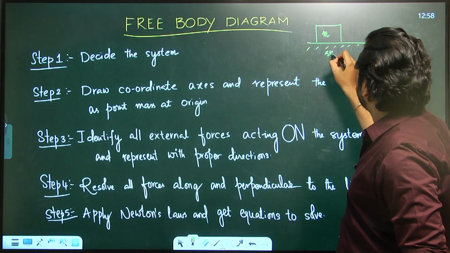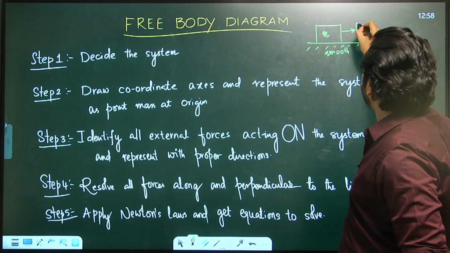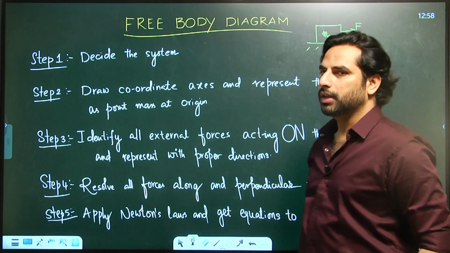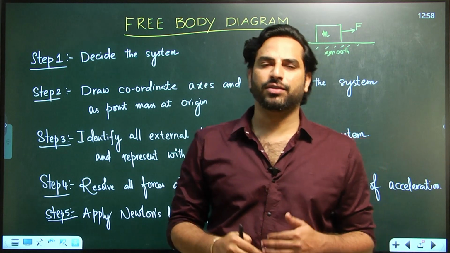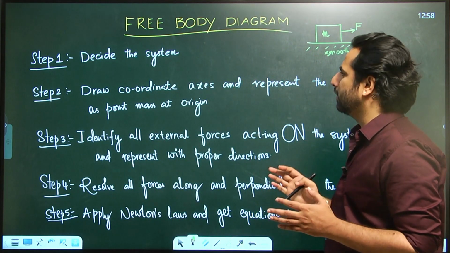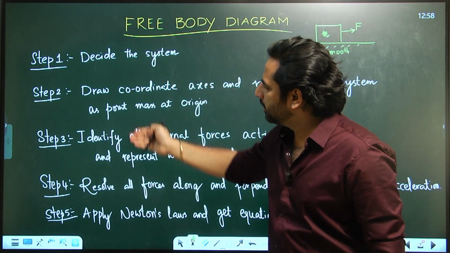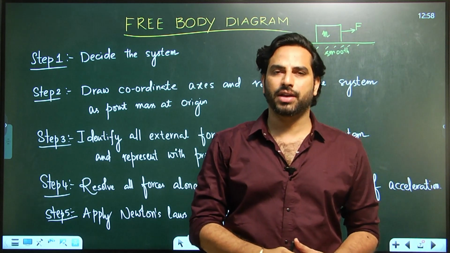Say the ground is smooth, no friction. An external force F is applied in the horizontal direction. The question is to find the acceleration of the body. Of course, this is a very simple question, but I have taken this example to make you understand the steps that one should follow to draw the free body diagram.